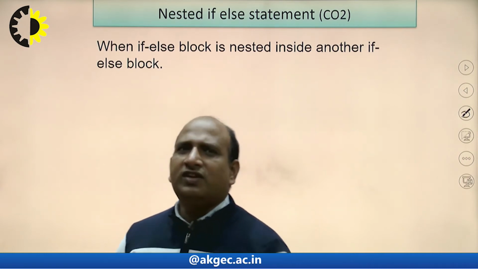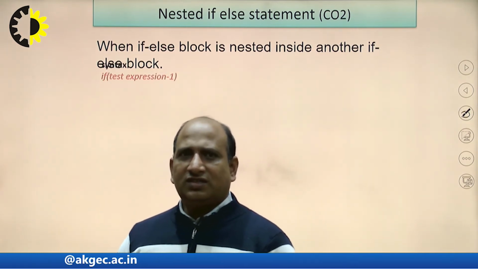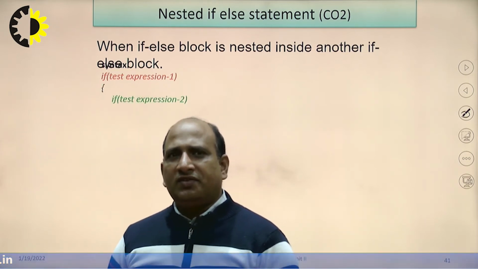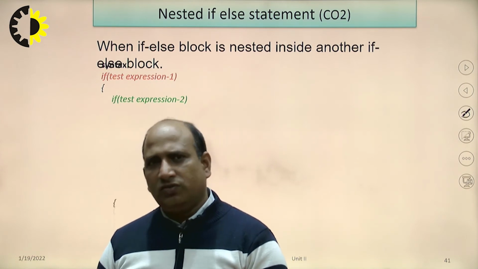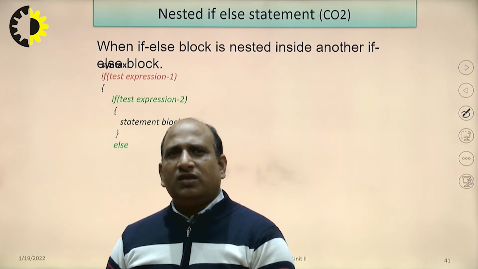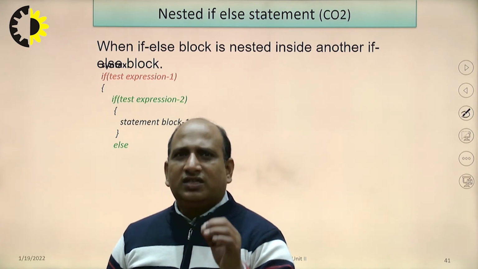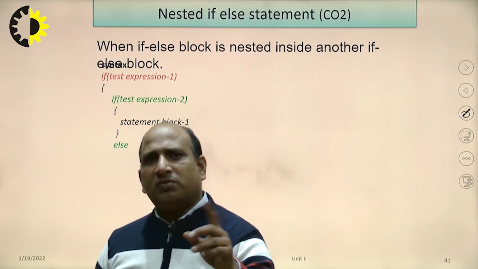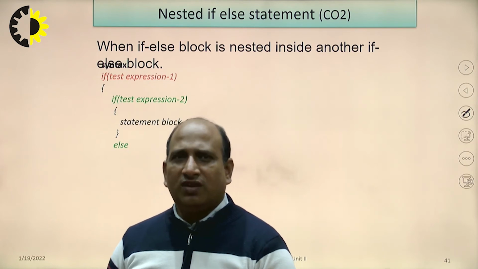And the nested if else statement syntax is like this: this is if test expression 1, and if it evaluates true, then inside this if statement I have written another if, test expression 2. Then statement block 1 executes. It means to reach statement block 1, test expression 2 and test expression 1 both must be true, then only the control will come to statement block 1.